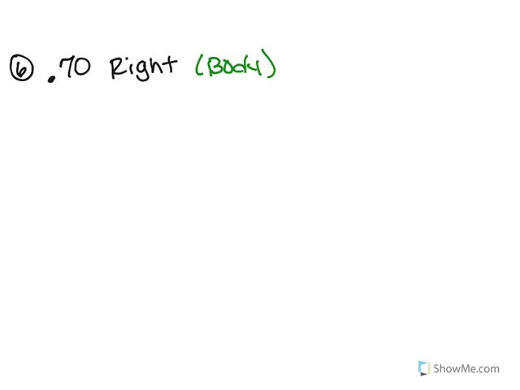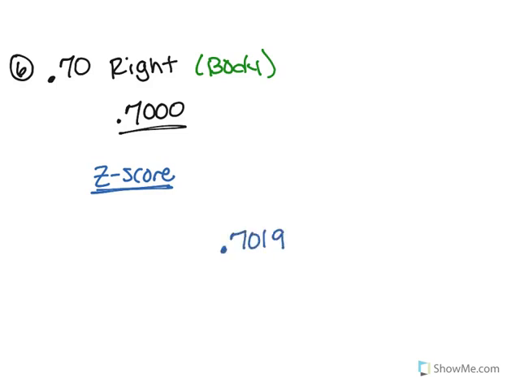And we're looking for 0.7000. Okay, 0.7000. So when you look on your table, the first 7000 number has 19 behind it. 7019. And that corresponding z-score is 0.53.